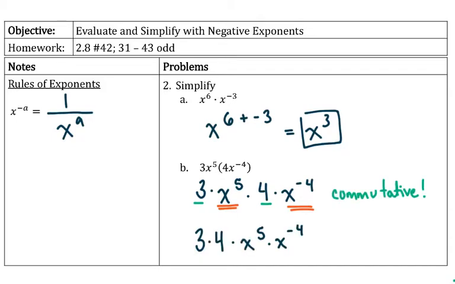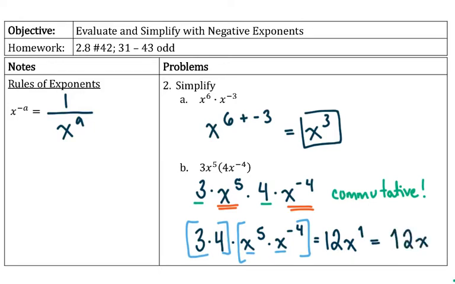Then what we can do is combine those like terms, 3 times 4, which is 12, and these terms, which have the same base, so we can add their exponents. So you get 12 x to the 5 plus negative 4, which is 5 minus 4, which is 1. You can leave it like this, but we don't need to actually write that 1, because x to the first is the same as just x.